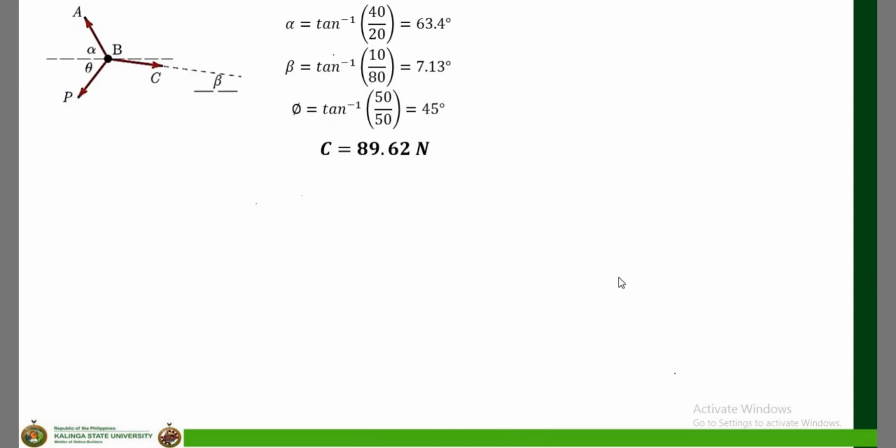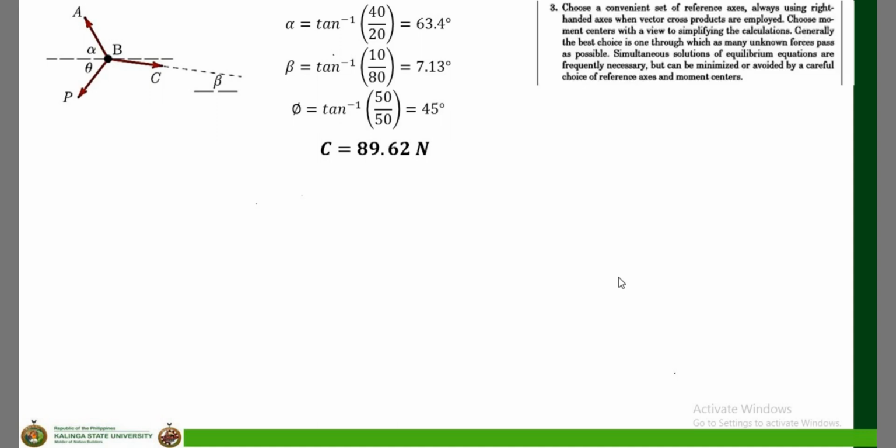So, this time, we solved C, that is equal to 89.62, and I'm going to consider the free body diagram at point B. Step 1 is identify what are the given and the unknowns. Step 2, you have to draw the free body diagram.